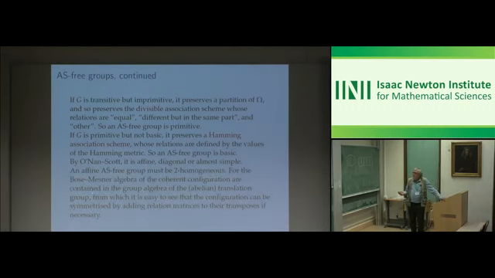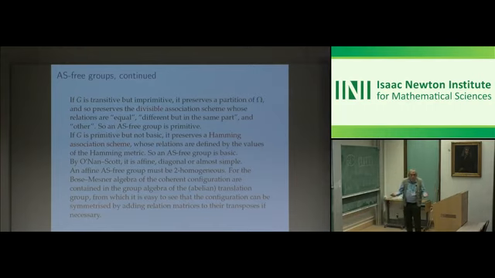Well, an affine AS-free group must be two homogeneous, and the reason is as follows. You look at the Bose-Mesner algebra of the coherent configuration, which is coming from a group now. Well, this is an affine group, so it's got this abelian translation group, and everything in the centralizer algebra of this group will be a linear combination of matrices in that abelian subgroup.